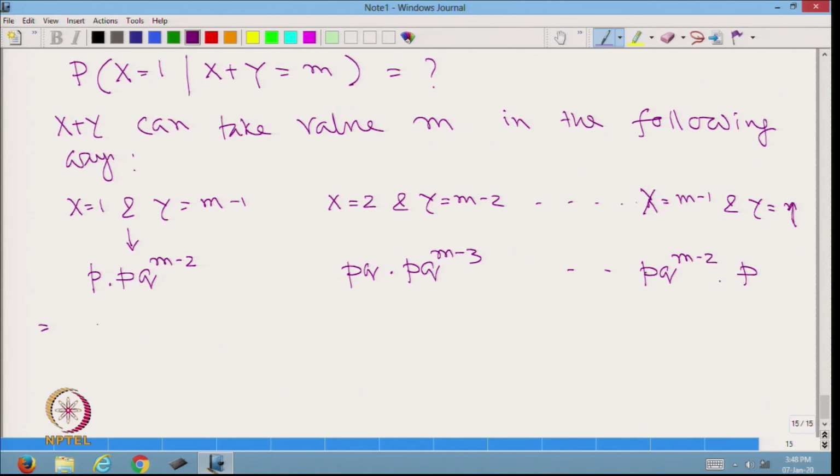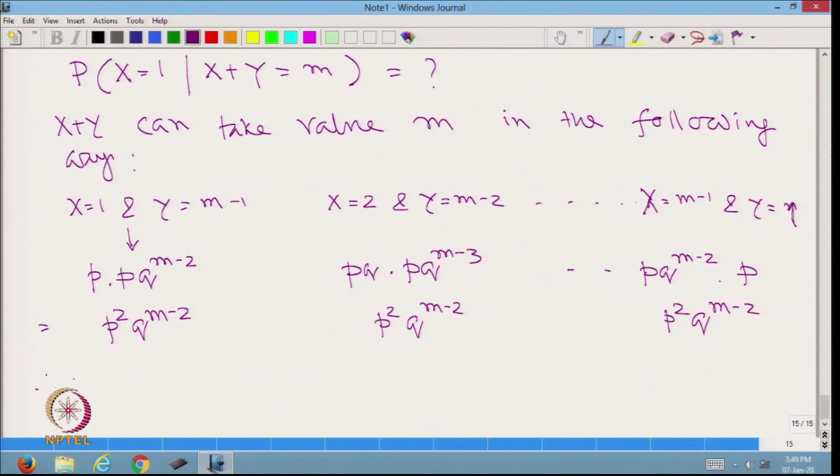If you note, all of them are p square q to the power m minus 2.